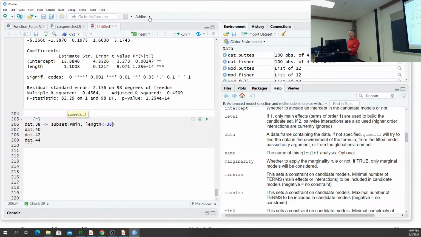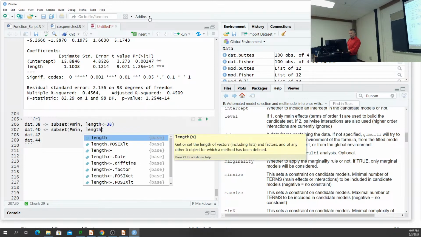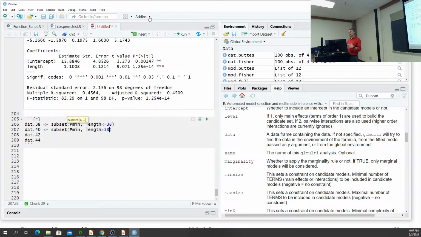Does it make a difference? No, just be consistent. If you didn't include 38, then 38 needs to be included in the next group. So that's going to create our first subset. Our next subset is pmin where the length is greater than 38. I didn't use the equal sign because we already included 38 in the previous subset.